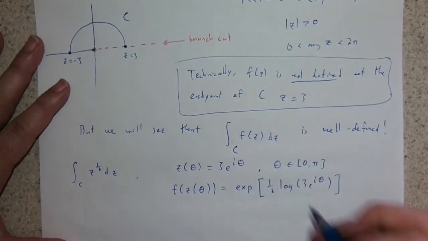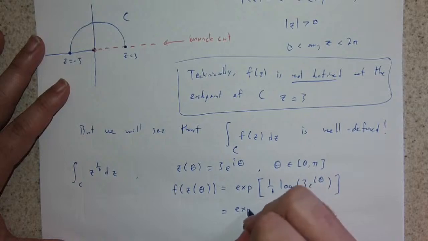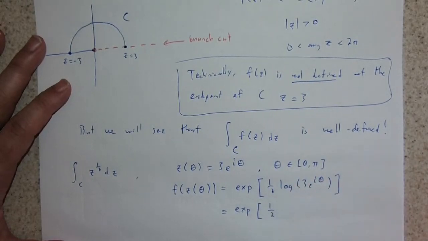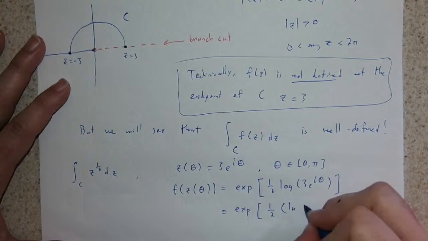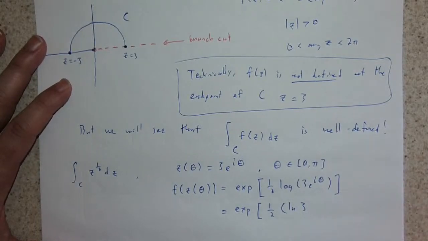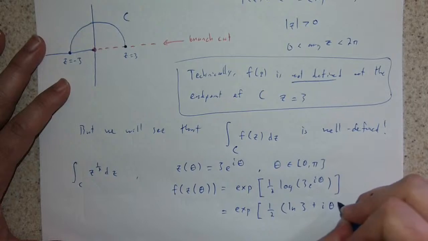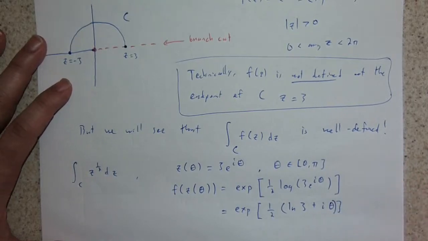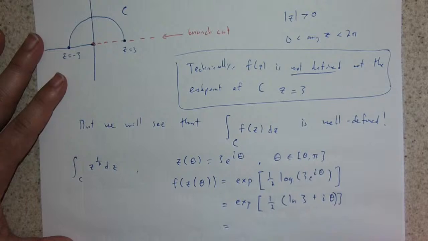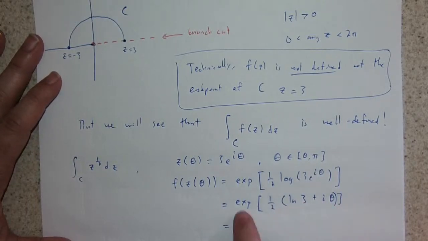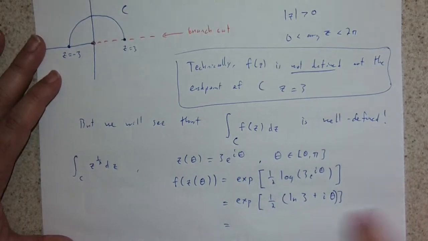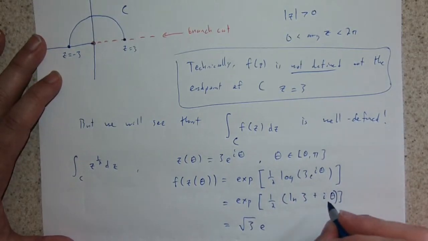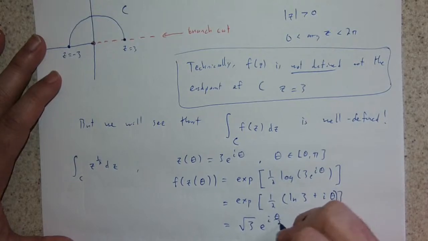Well, using my definition of log here, this is e to the 1/2 times ln of 3 plus i theta. Distributing this and then using exponential rules, this is e to the ln of 3 to the 1/2. So this is square root of 3 e to the i theta over 2.